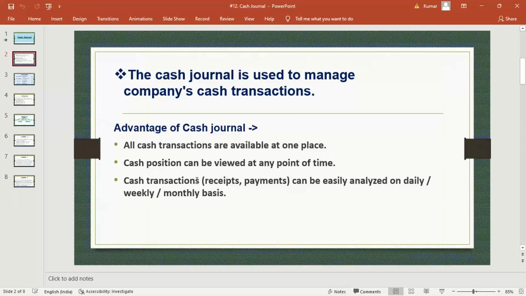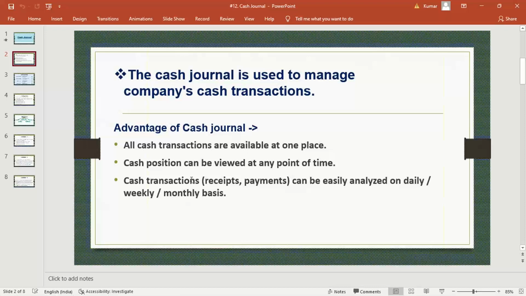Then cash transactions, receipts or payments, can be easily analyzed on a daily, weekly and monthly basis. Whatever cash transactions have taken place, out of these transactions, which are revenue related transactions and which are expense related transactions, you can bifurcate easily, right?